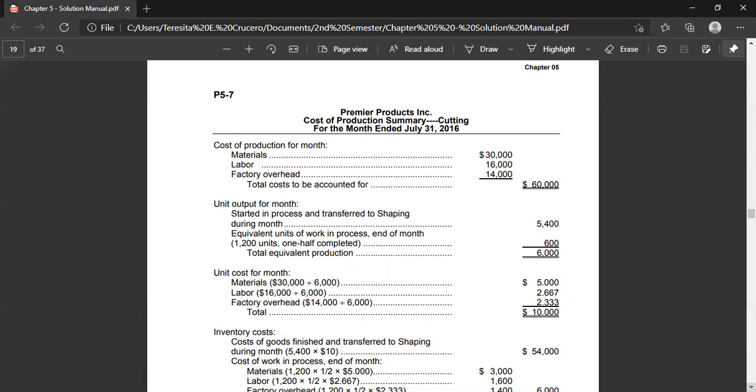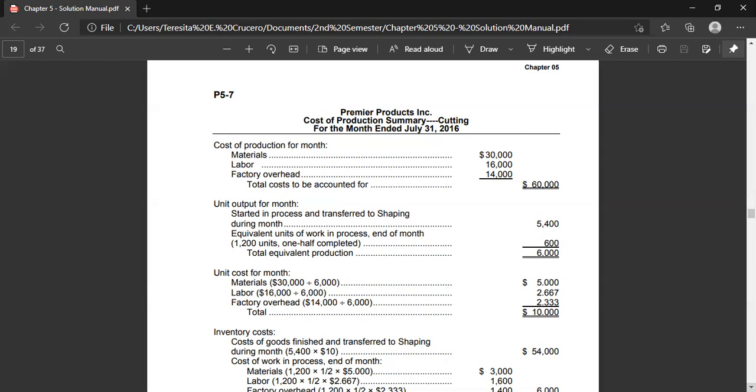The unit cost for the month, materials, labor, and factory overhead. Here we have materials, unit cost is 5. We have factory overhead, labor is 16,000 divided by 6,000, 2.6667, and factory overhead.